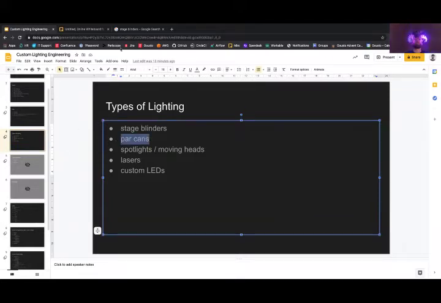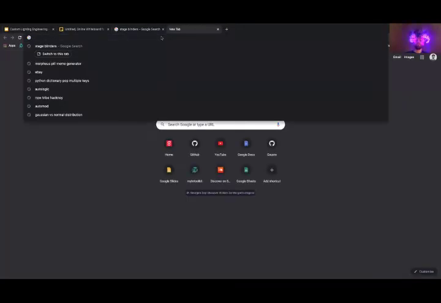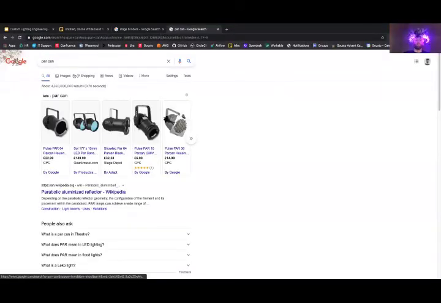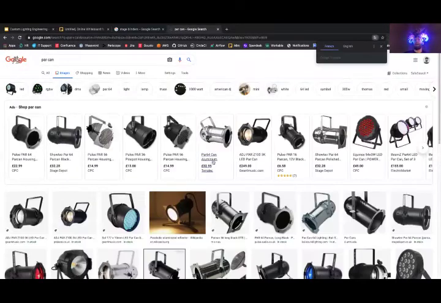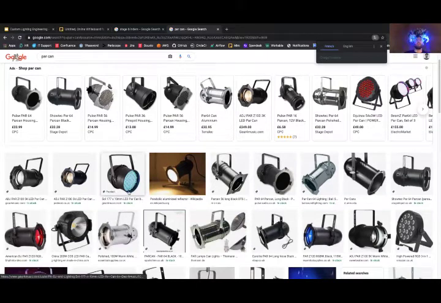Parcans. What's a parcan? Well, a parcan is very similar to a stage blinder. Par is short for parabolic, okay? So it's a parabolic reflector. That means that you essentially have a bunch of lights, and at least historically, behind them, you've got a mirror in the shape of a parabola.